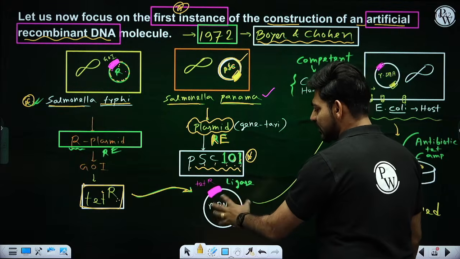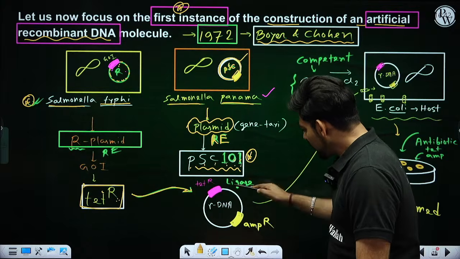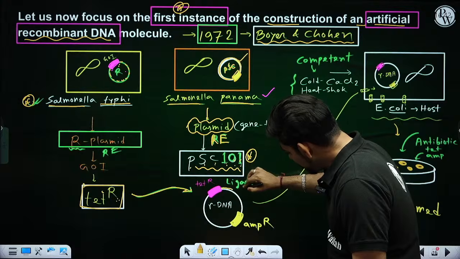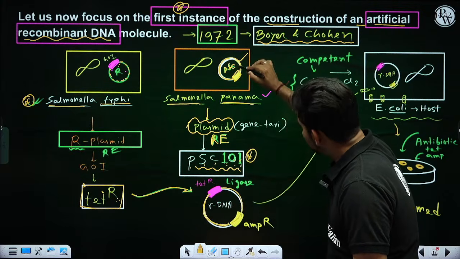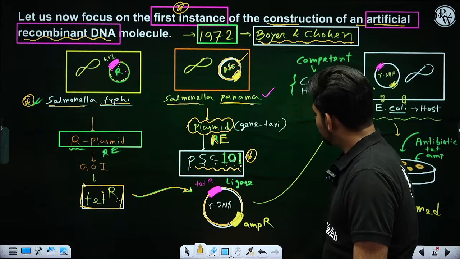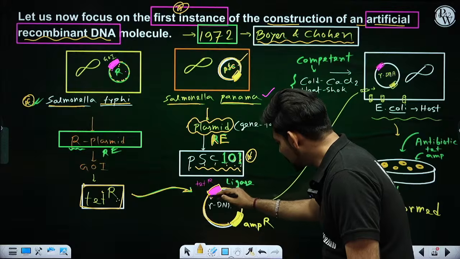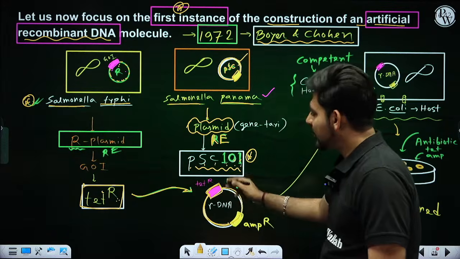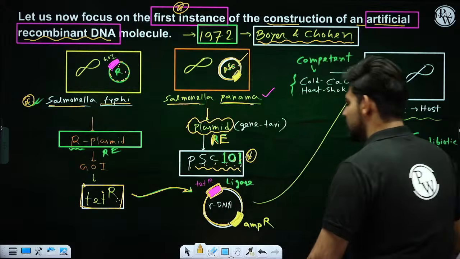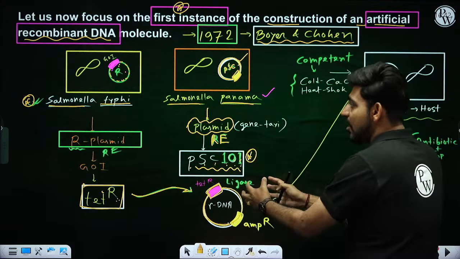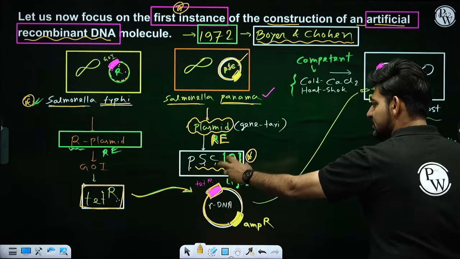Why are we calling this recombinant DNA? In this PSC 101, the remaining portion of the plasmid is of this PSC from Salmonella Panama, but this TET-R part, this gene of interest part, is from the plasmid of Salmonella typhi. So here DNA of two organisms are put together to form PSC 101.